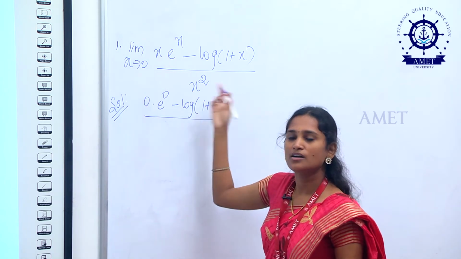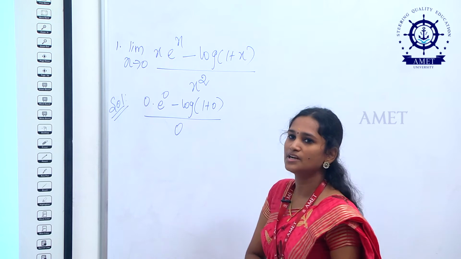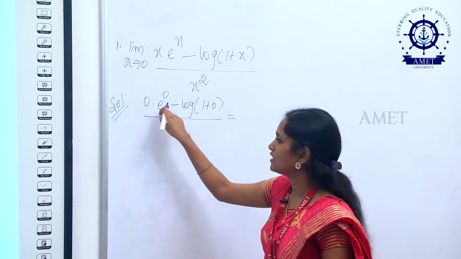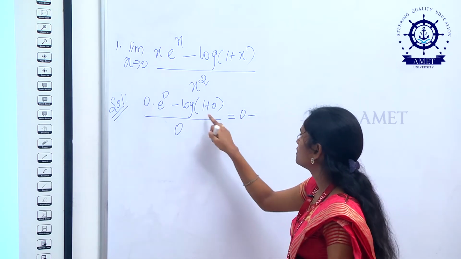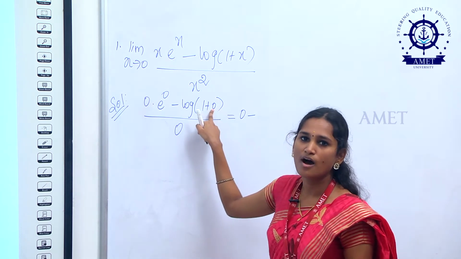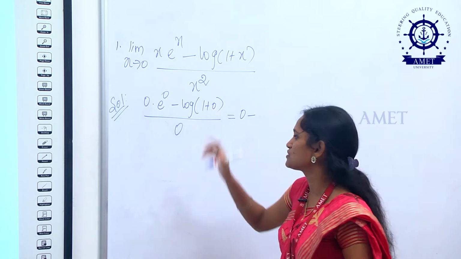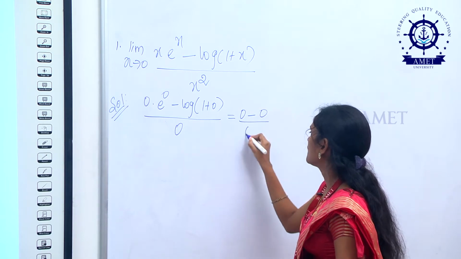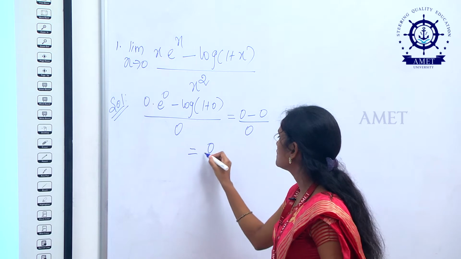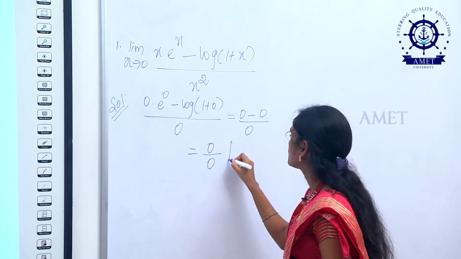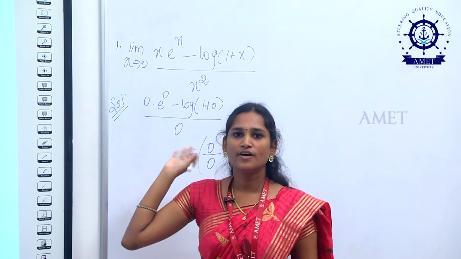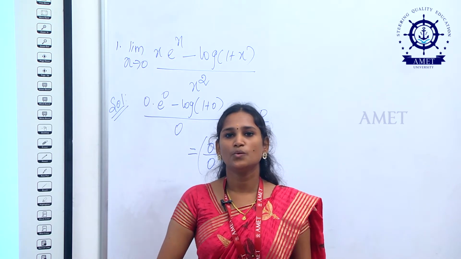The denominator becomes 0. In the numerator, 0 into anything is 0, so 0 minus log of 1 plus 0. 1 plus 0 is 1, and log 1 is also 0. So 0 minus 0 is 0, and it is 0 divided by 0. So here in this problem it is the 0 by 0 form.